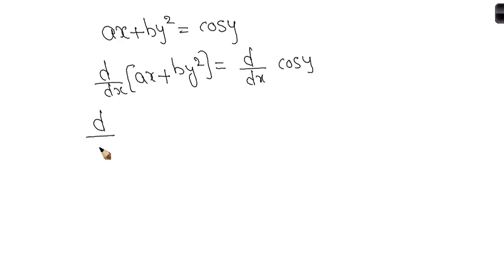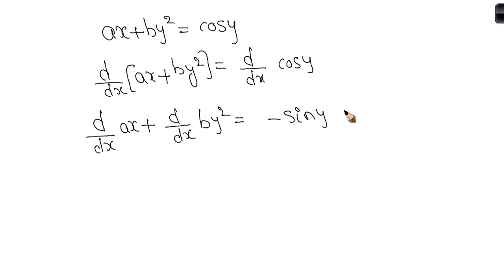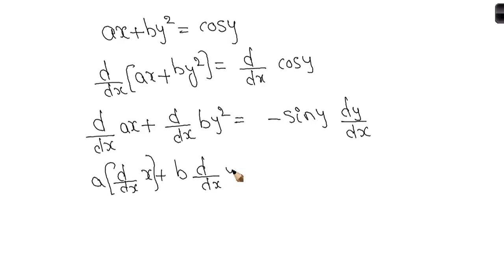So I get d by dx of ax plus d by dx of by square, and derivative of cos y is minus sin y into dy by dx. A times derivative of x plus b times derivative of y square is equal to minus sin y into dy by dx.